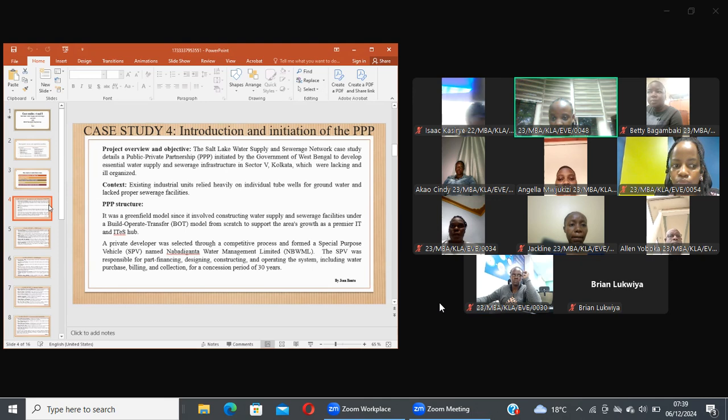The context: the existing industrial units relied heavily on individual tube wells for groundwater and lacked proper sewage facilities. It was a greenfield model since it involved constructing water supply and sewage facilities under a build, operate, transfer model from scratch to support the area's growth as a premier IT hub.